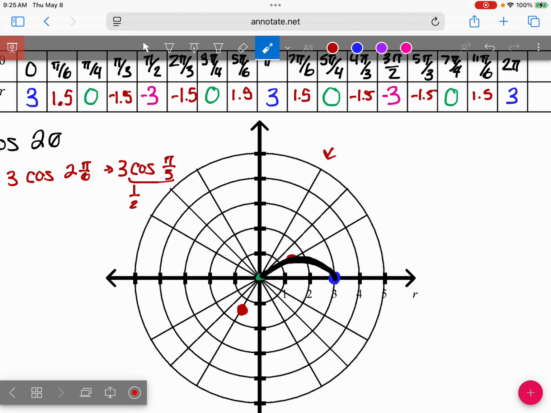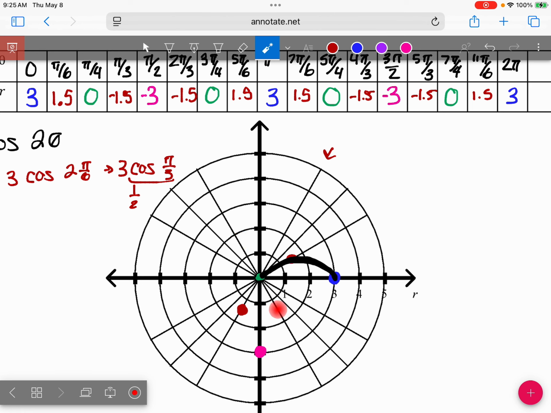So then we have our pi over 2 that has a -3. So we're going to go 1, 2, 3. Pi over 2 down here. And then we have a -1.5 on our 2 pi over 3. 2 pi over 3 is this guy.